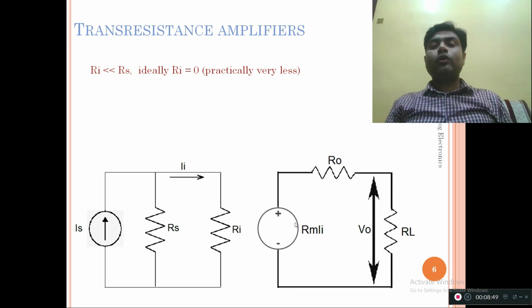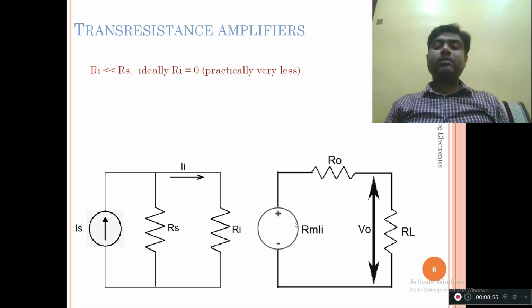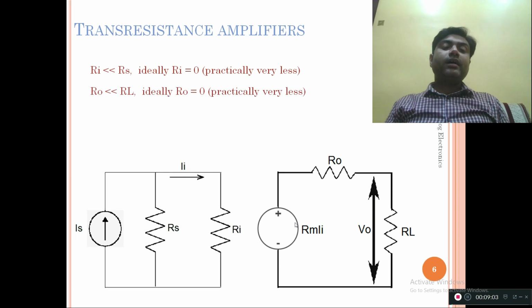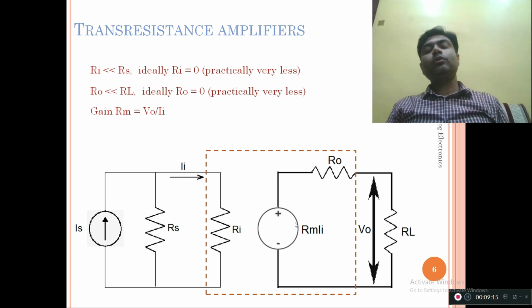And then the output circuitry will look like the same circuitry which we have discussed in the voltage amplifier, as I already told you, and the voltage should come across the RL, and hence the value of the RL must be on the higher side, or ideally the RO must be 0 or practically very less. So here the gain of the transresistance amplifier becomes output voltage upon the input current.